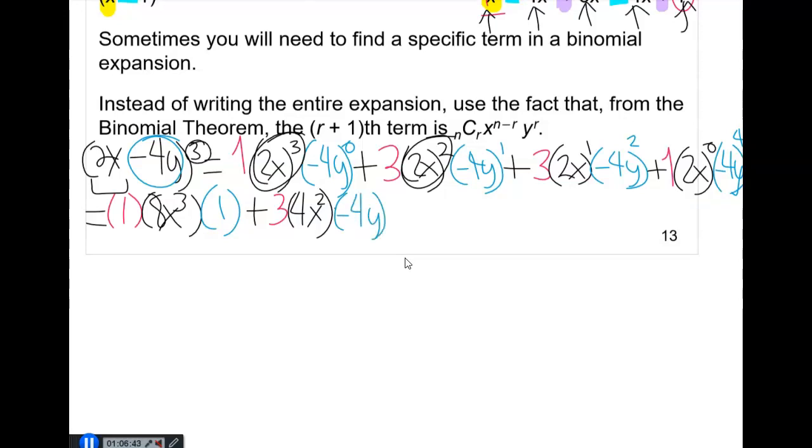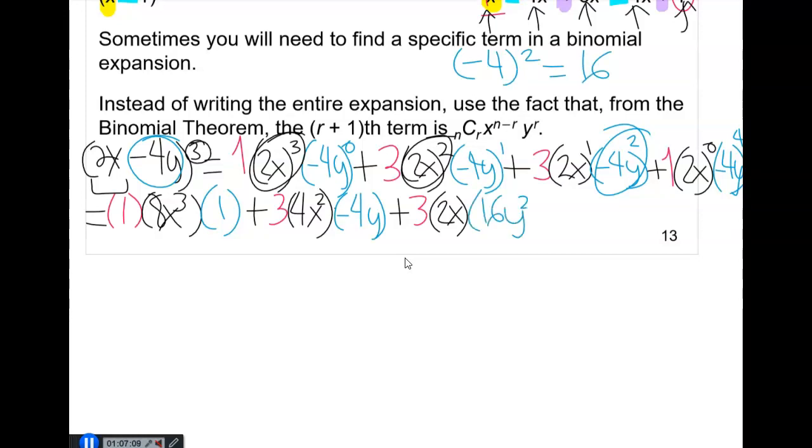Then the next binomial coefficient is also a 3. We will have 2x, and then we will have negative 4y squared. So in this case, we have to square the negative 4, and that will give us a positive 16, and then y squared.